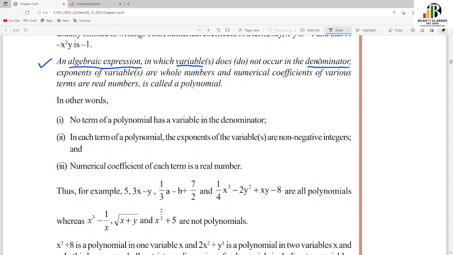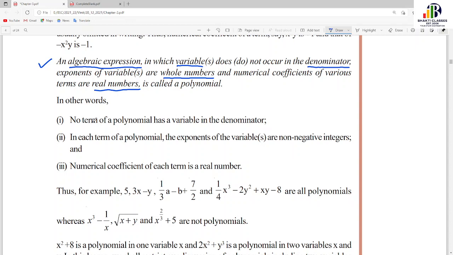Denominators can never have variables. The exponents of variables, the powers of variables, must be whole numbers, and numerical coefficients of variables are real numbers. Such an expression is called a polynomial.